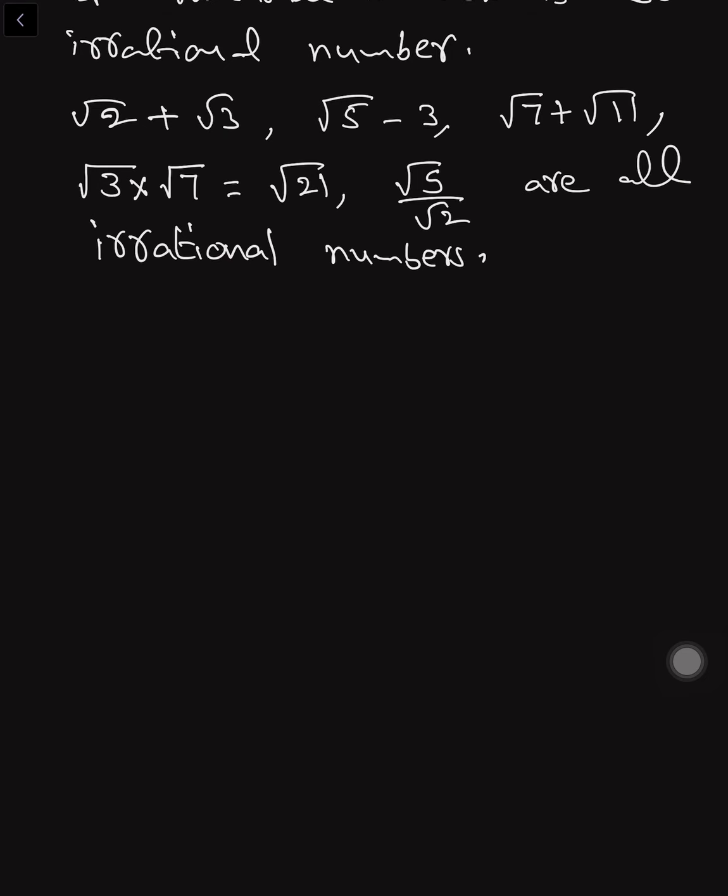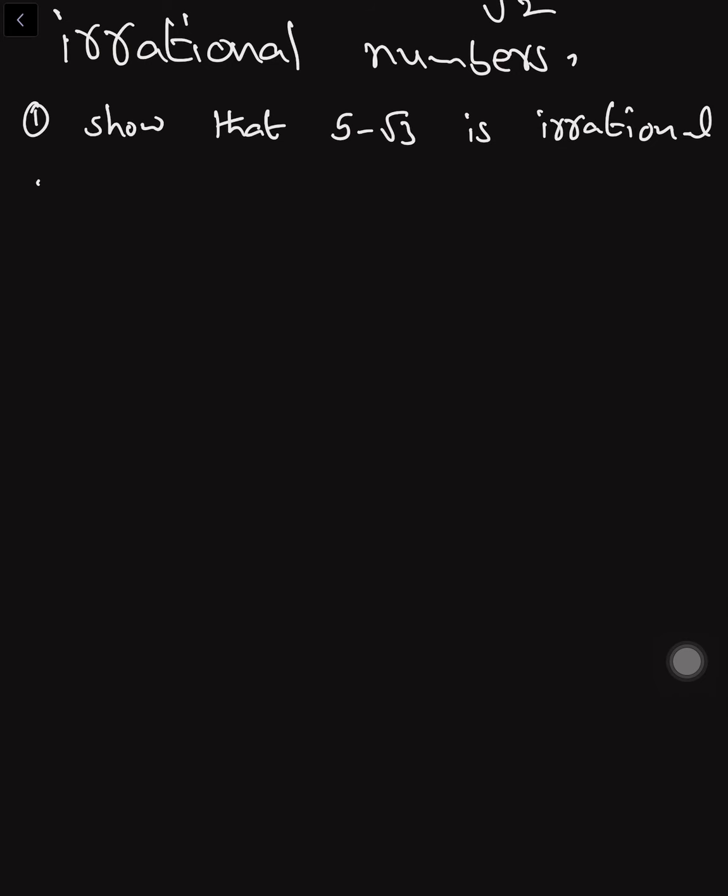Today we practice the problems how to prove the given numbers are irrational numbers. First problem. Show that 5 minus root 3 is irrational. Solution.